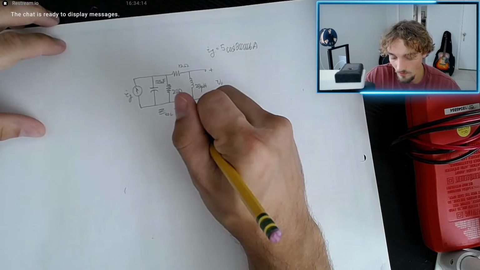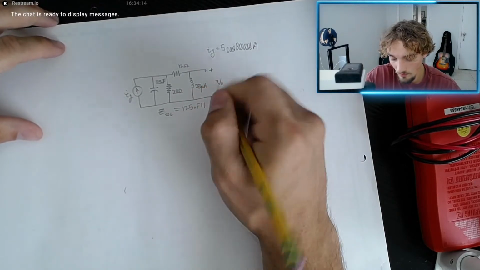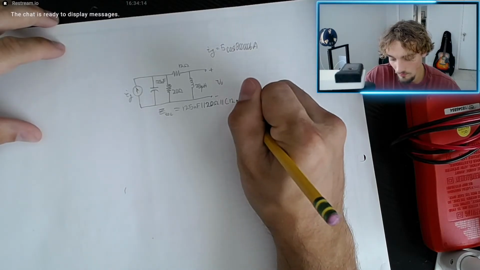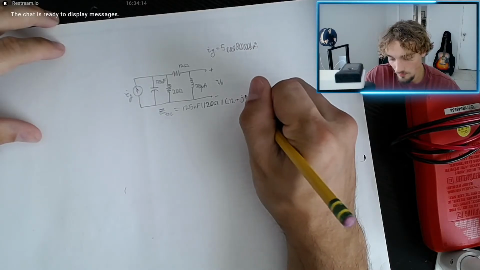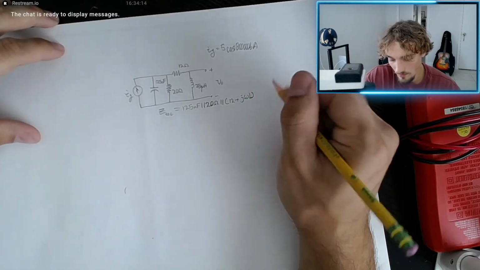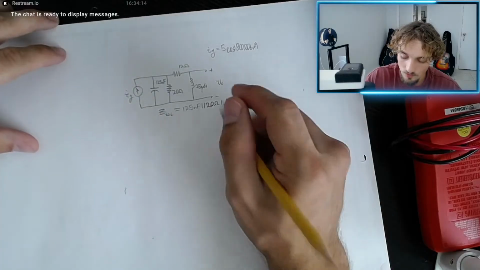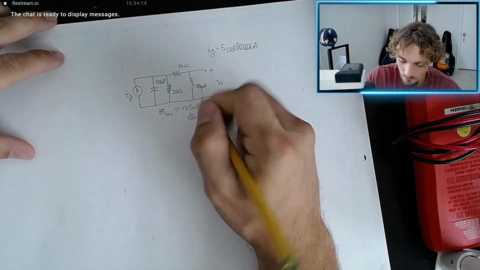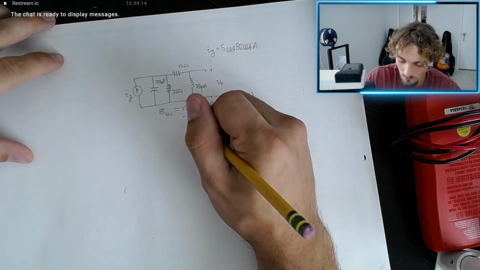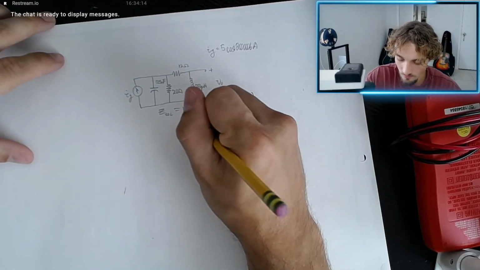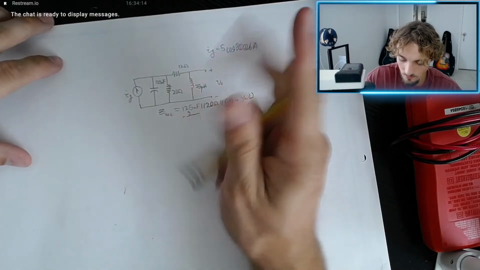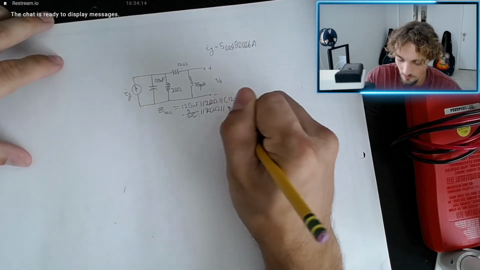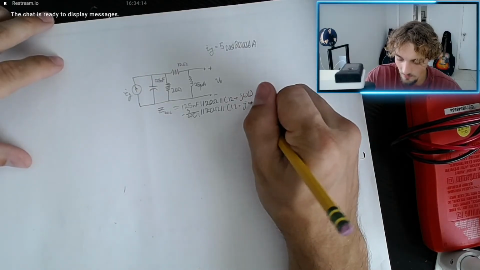Z total equals 125 nanofarads in parallel with 20 ohm in parallel with 12 plus j omega L. The capacitor would be negative 1 divided by 125 e to the negative 9, negative j, all multiplied by omega, so let me just write it out: 1 over j omega C, in parallel with 20 ohm in parallel with j omega L. Okay, that's the whole thing.